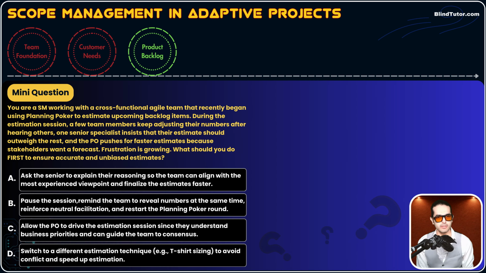C. Allow the product owner to drive the estimation session since they understand business prioritization and can guide the team to consensus. And D. Switch to a different estimation technique, for example, t-shirt sizing, to avoid conflict and speed up estimation.